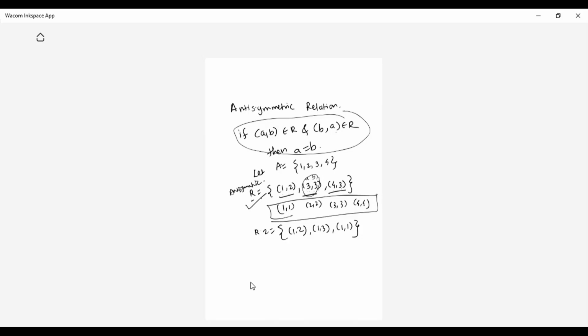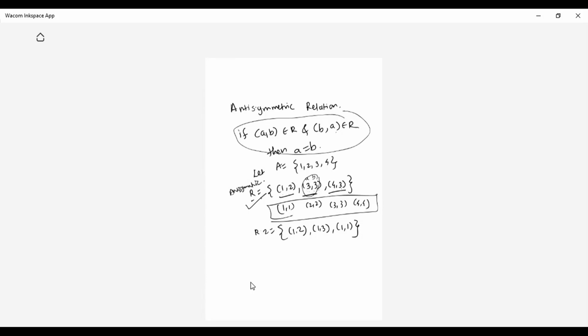Listen carefully. Every asymmetric relation would be an anti-symmetric relation, student, because asymmetric would be the subset and anti-symmetric would be the superset. Whatever is in asymmetric is also in anti-symmetric, right? Asymmetric says that if A comma B is there, then B comma A should not be there.